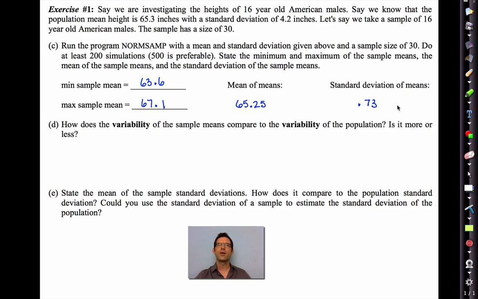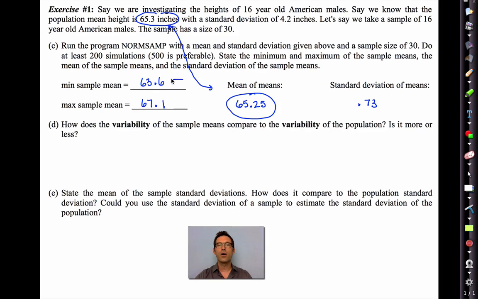0.73. Now, it says, how does the variability of the sample means compare to the variability of the population? Is it more or less? Well, before we even go on, I just want to point something out. Take a look at this. The mean of the means compared to the actual population mean is pretty much identical.